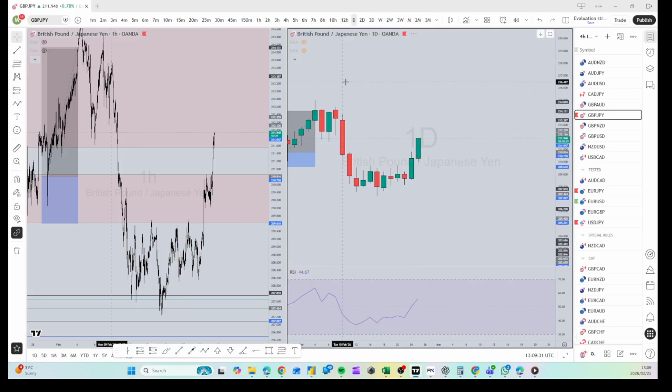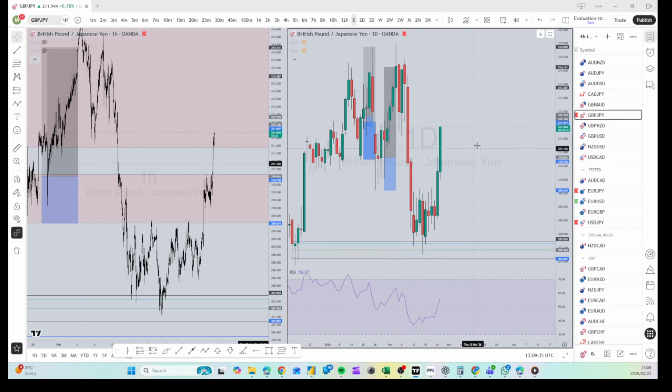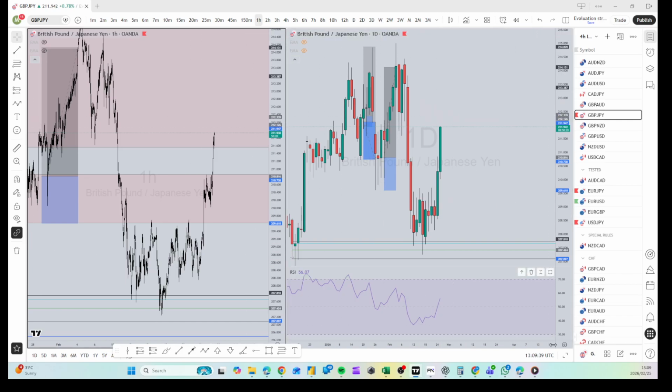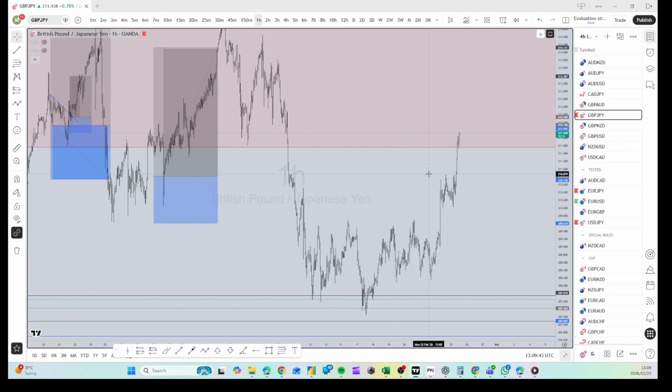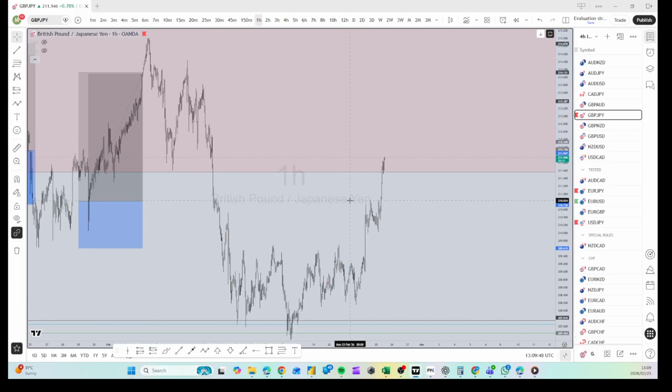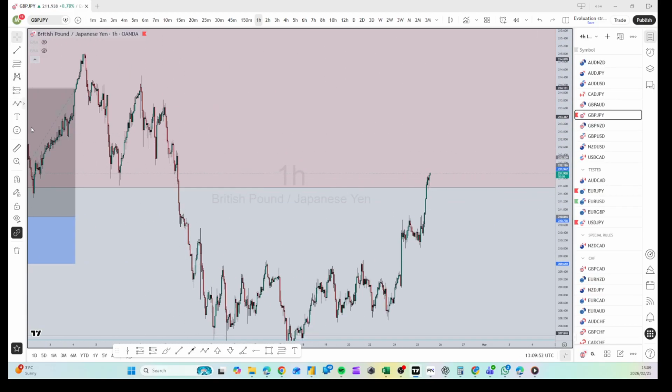Then let's look at the daily. There's nothing here that tells us that we might be going lower. But on the 1 hour, within this weekly, within this monthly level, we have this level right here on the 1 hour.